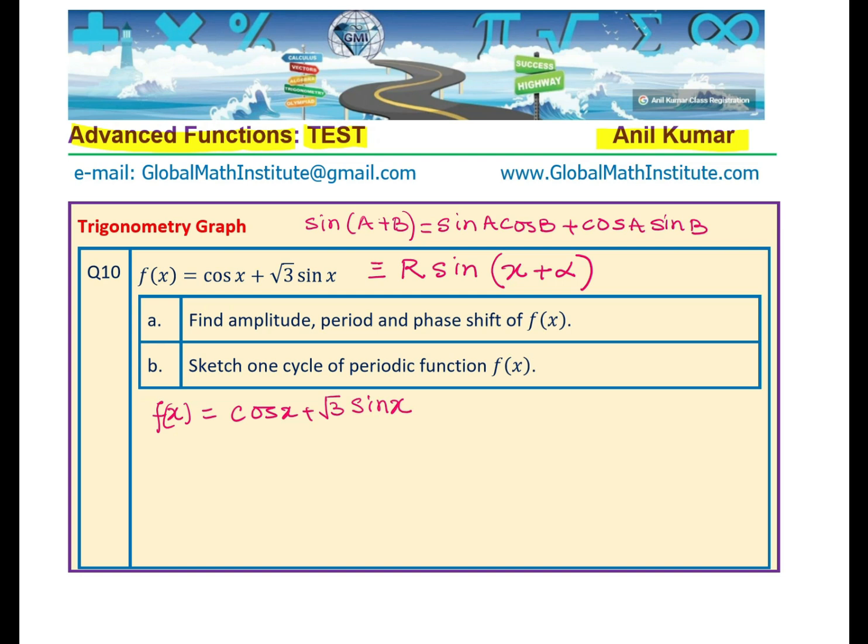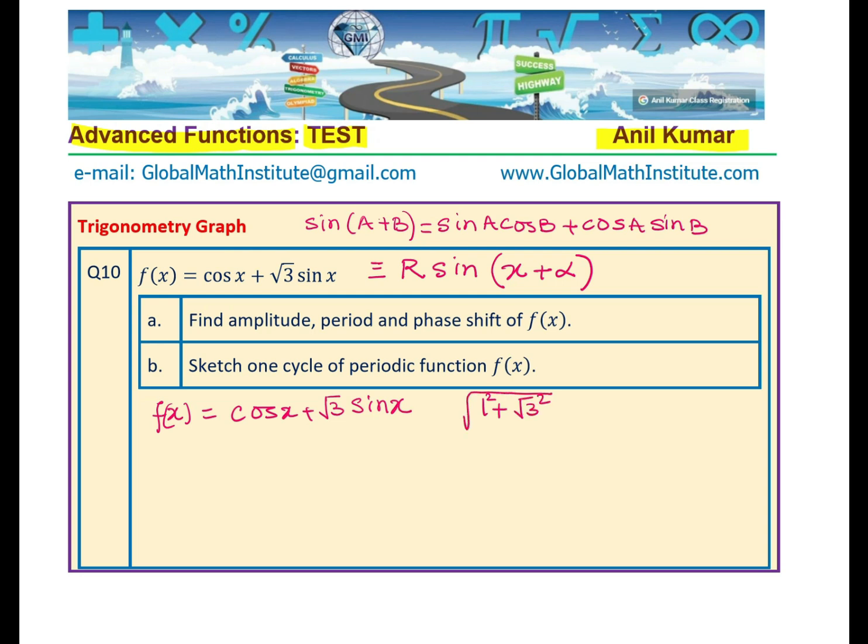And the cos and sine values cannot be more than 1. So we need to take care of square root 3 also. Here it is 1. So what is the square root of 1 squared plus square root 3 squared?